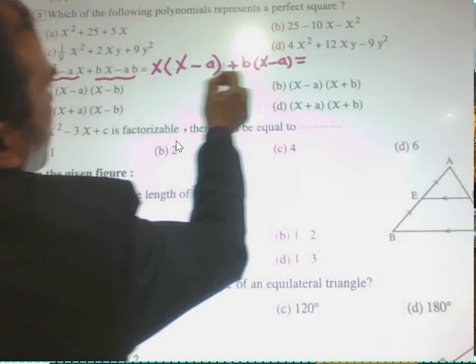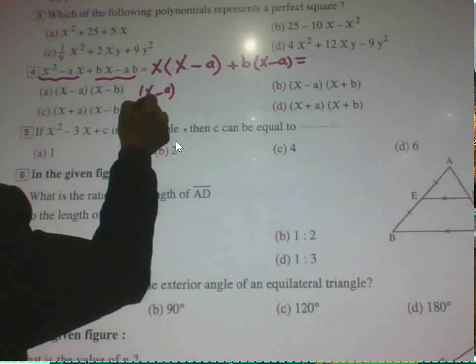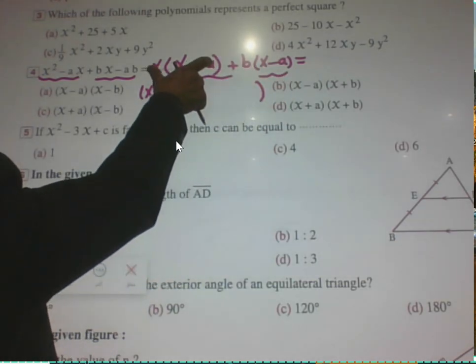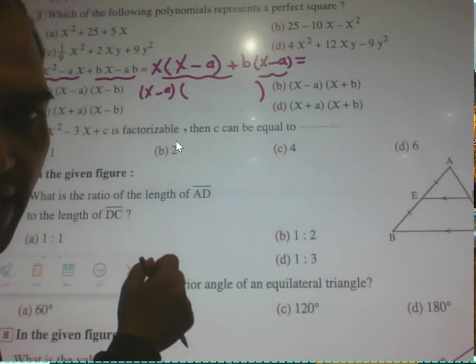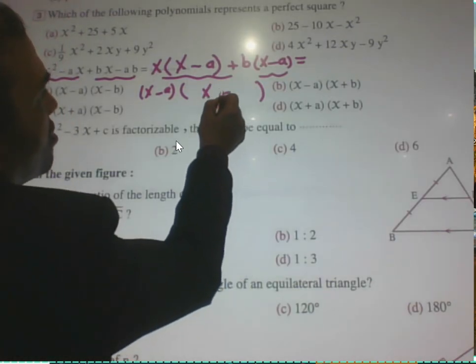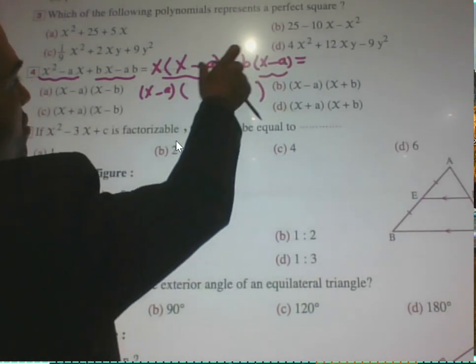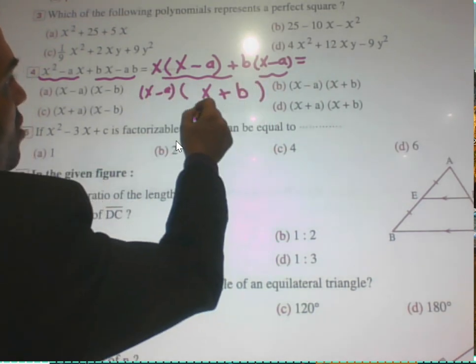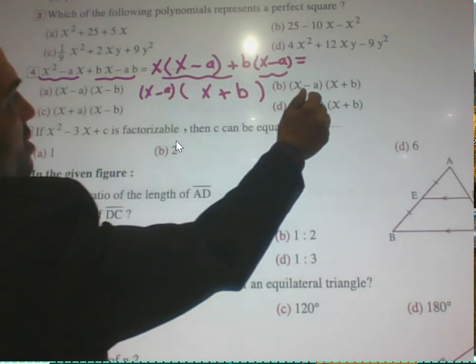Then we can write x minus a as a common factor between the expressions and then divide it. First expression divide x minus a equals x, and then write b, so the value will be x minus a product by x plus b.